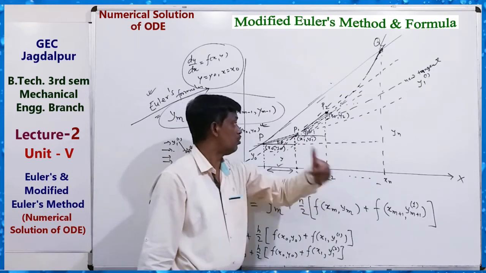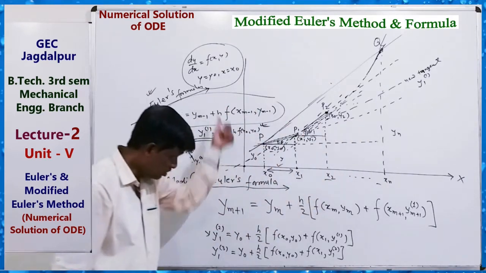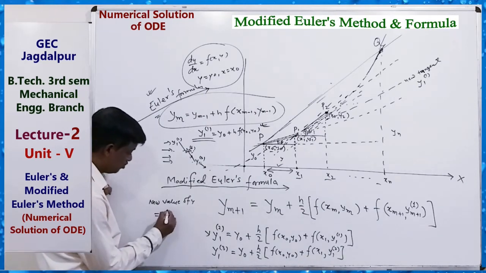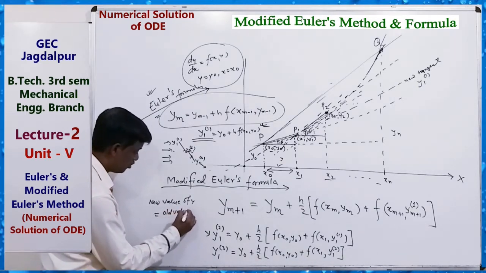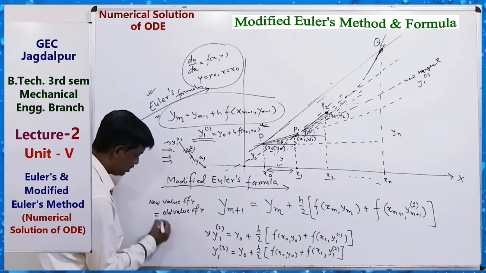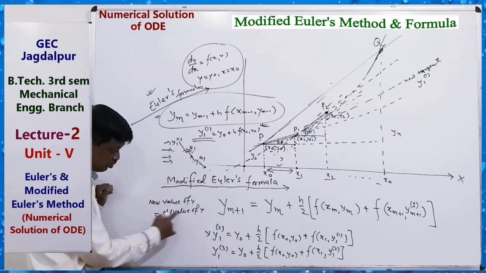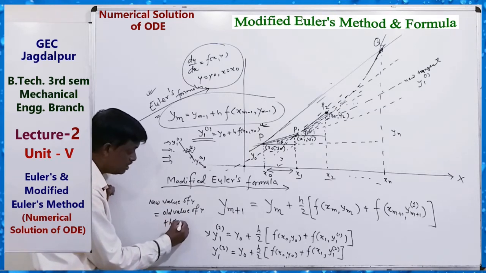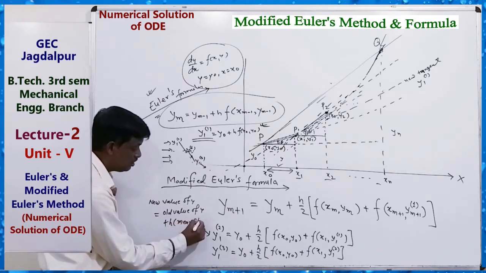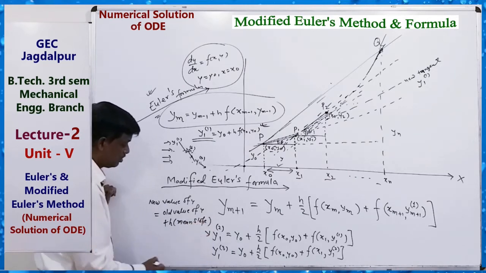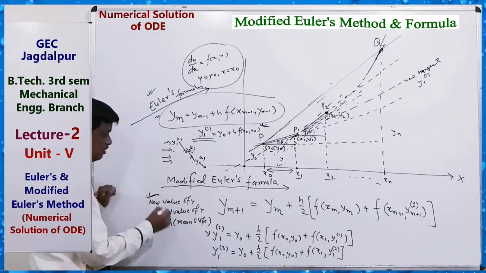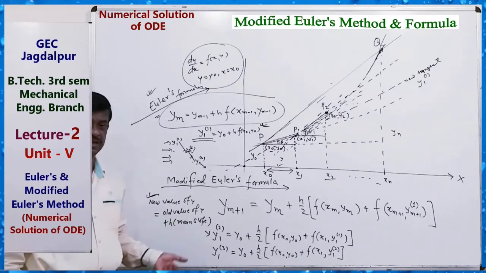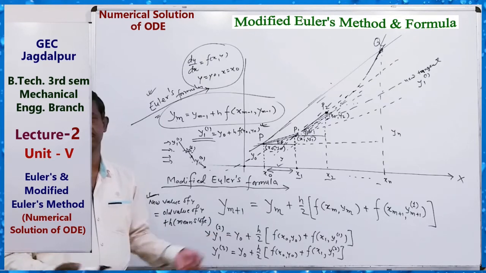For this interval, the old value is y2, the best approximated value. So the new value of y equals the old value of y plus h into the mean slope. And when two approximations give the same value, that will be the targeted value.